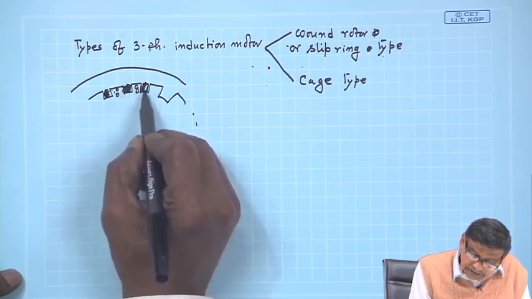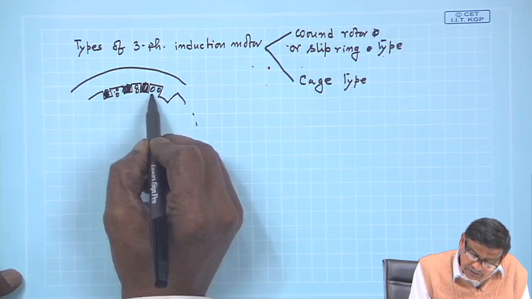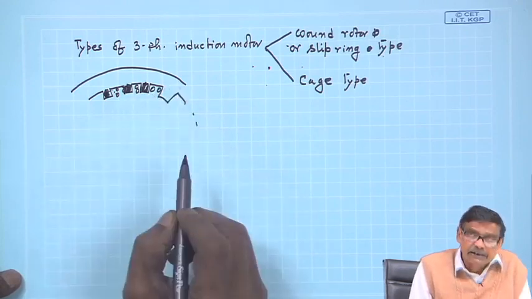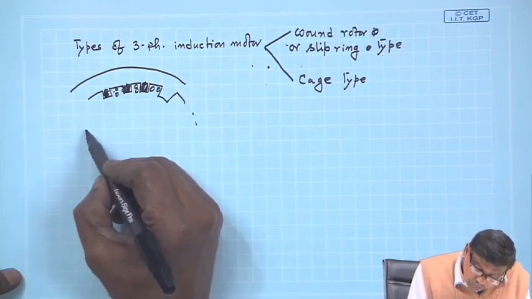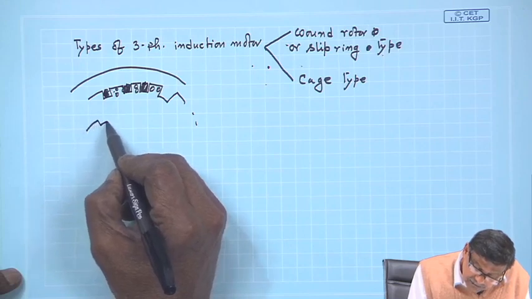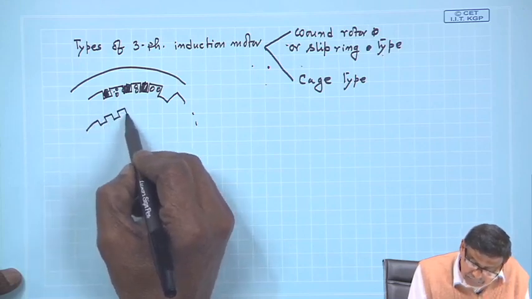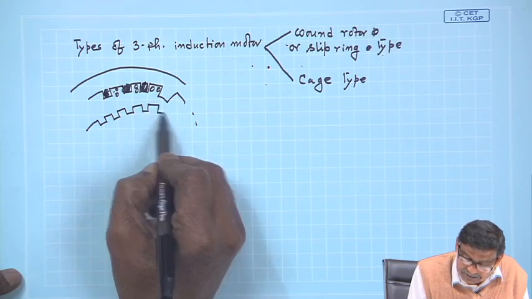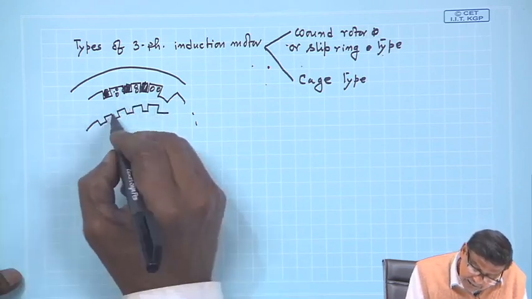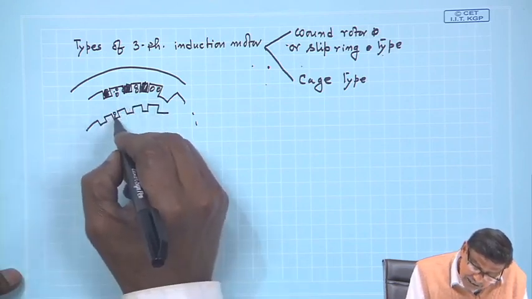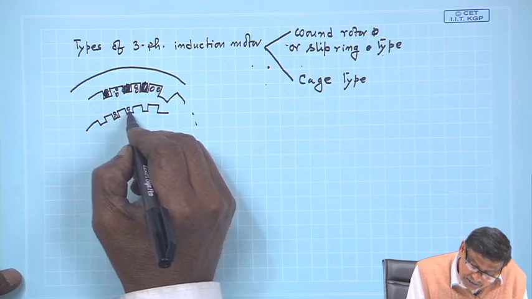These are the teeth and here are the slots. This is the stator winding. Similarly, in the rotor you have slots here. I am showing the air gap larger, which is not the case. This is the air gap, and there is also a similar 3 phase balanced winding on the rotor.